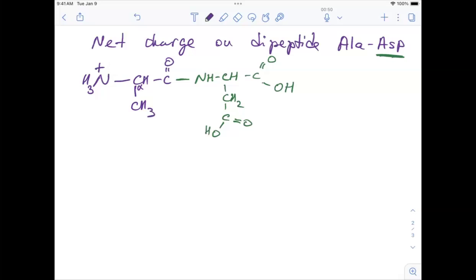So I have two amino acids tied together. Notice that alanine by itself has two pKa's, 2.3 and 9.7. 2.3 goes with the carboxyl group, 9.7 with the amino group. You can look them up in the pKa table.